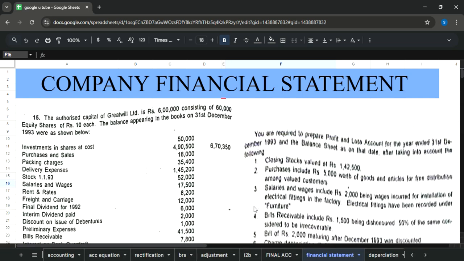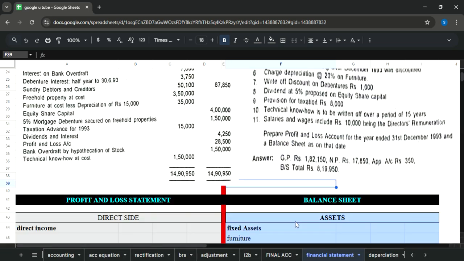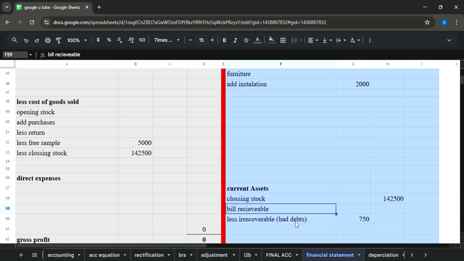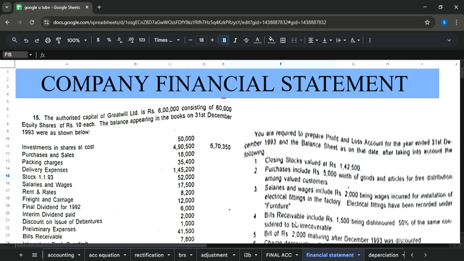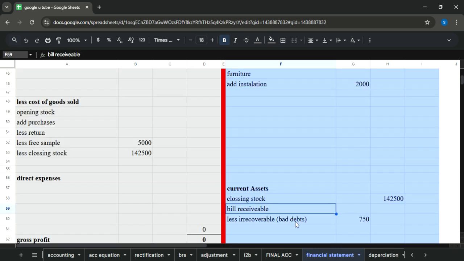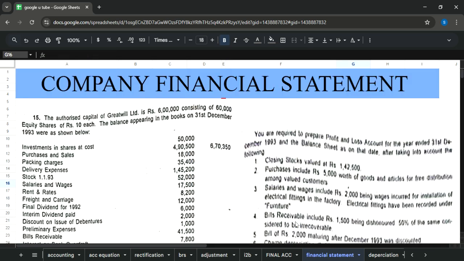So here, let me check once again, although I don't want to be attentive to these spellings, but when I have seen it, receivable, that's not a good thing. So there is an extra E. Alright, so bills receivable subtracted irrecoverable, both effects are completed.